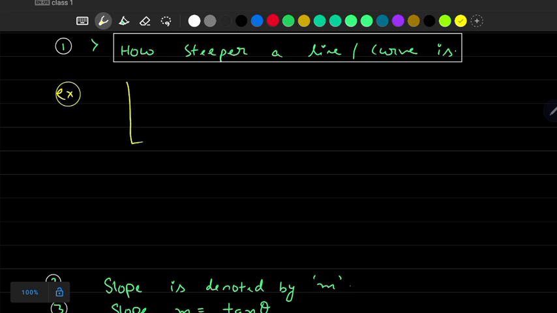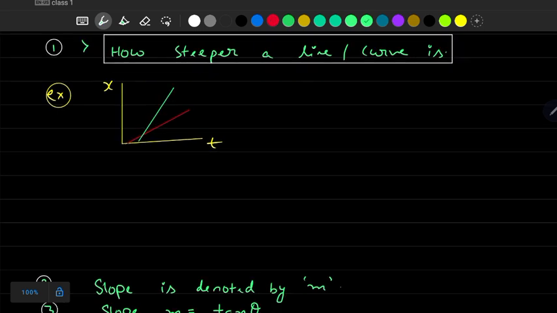Let's say you have this xt graph and you have two lines. One is red and the other one is green. Let's say the red line is A and the green line is B. Which line has more slope?